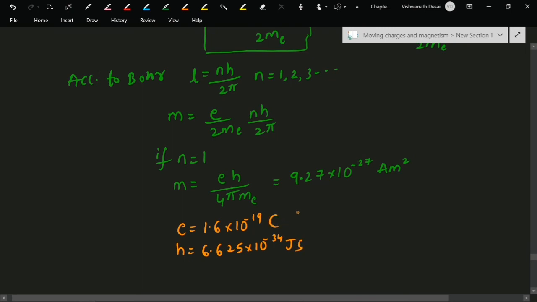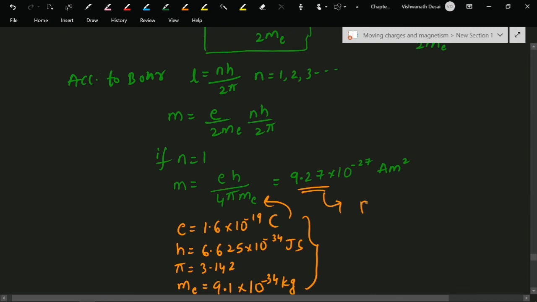Pi is just a constant, 3.142, and the mass of an electron is equal to 9.1 into 10 to the power minus 31 kg. If you substitute all these values into the above equation, you will get this number, and this value is called the Bohr magneton.